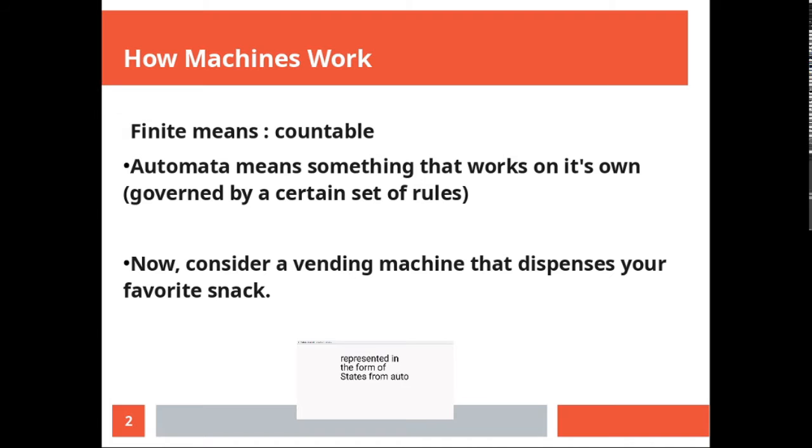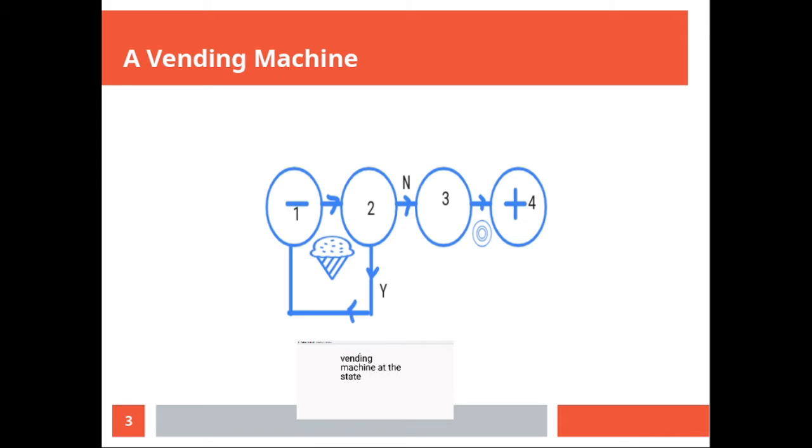Some automata may be finite, some may not be, but let's keep our focus on finite automata for this lecture. Now I will be moving to an example of a vending machine that dispenses your favorite snack, and I will tell you how to represent that vending machine as a state machine.